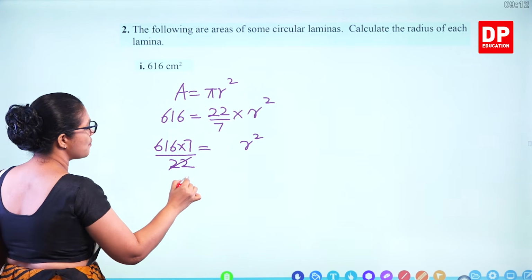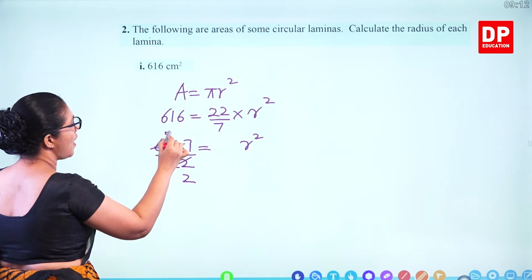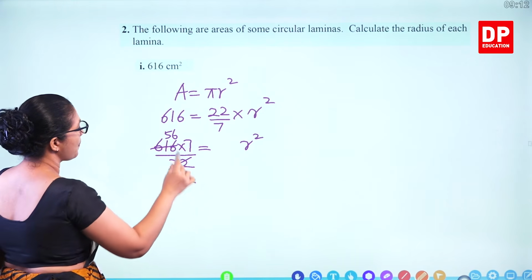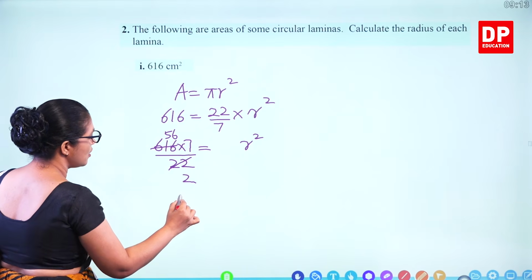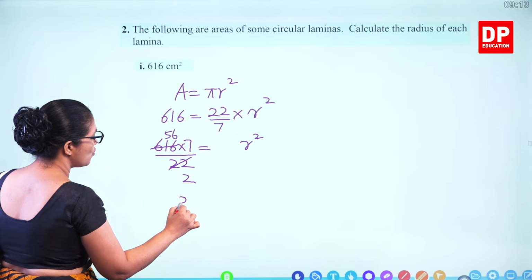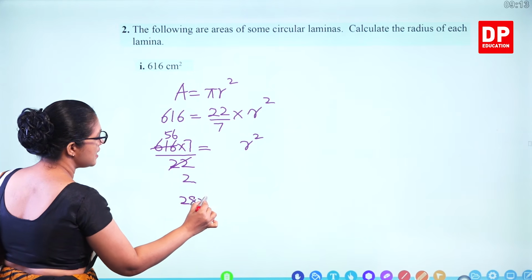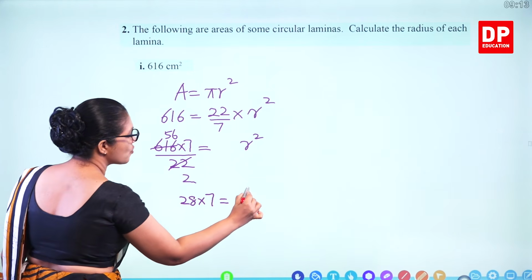Divide by 2 first, and you get 28 times 7 is r squared.